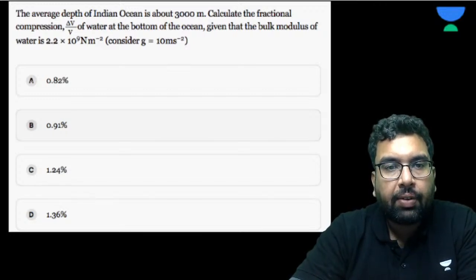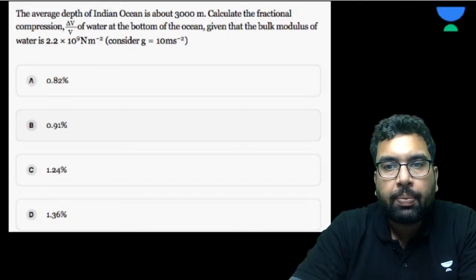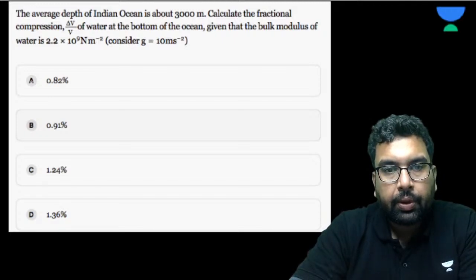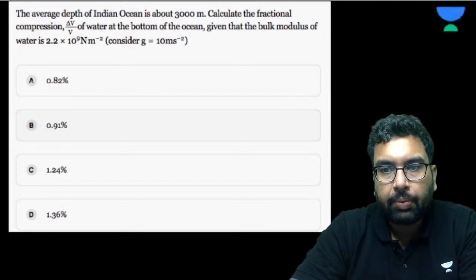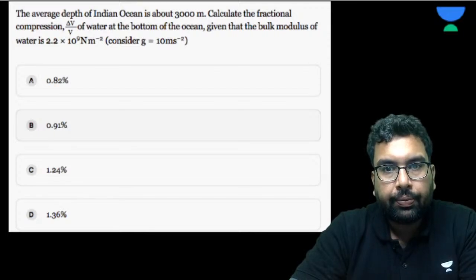So I'll just see if we have any question of PYQ that we can do of this chapter. So this chapter is finished. Just give me a moment. I'll see if there is a good question. We can do it now. Yeah, I got it now.